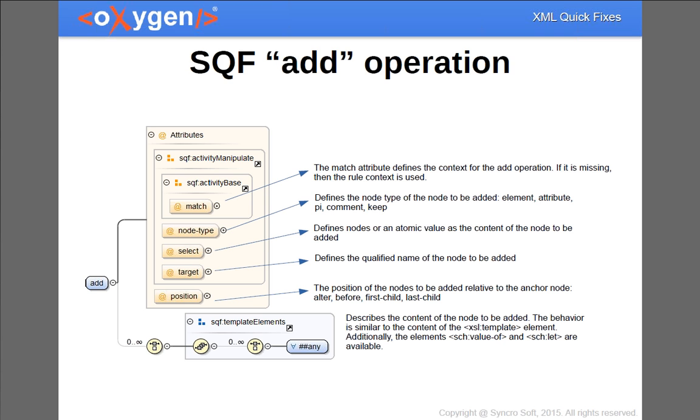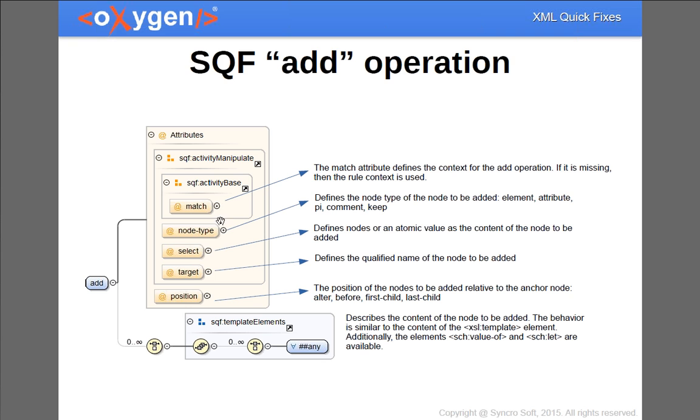Here's the structure of the add operation. So the add operation has a match attribute, which determines the node that will be modified. Then a node type, which specifies the type of node that you want to add, an attribute, an element, a comment. Then in the target attribute, you can specify the qualified name of the node that you want to add.